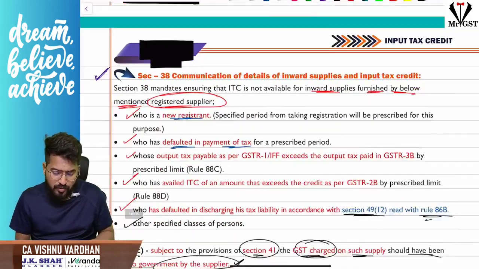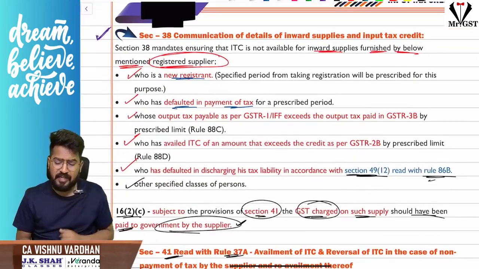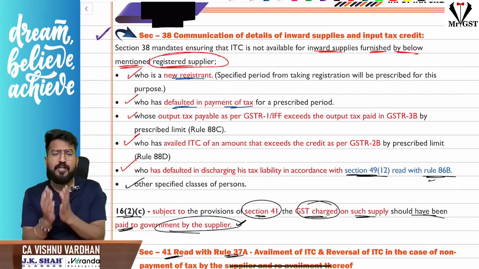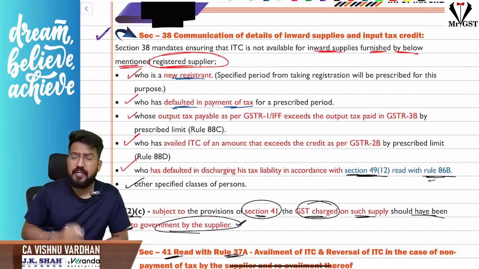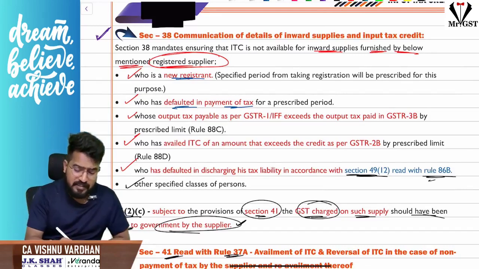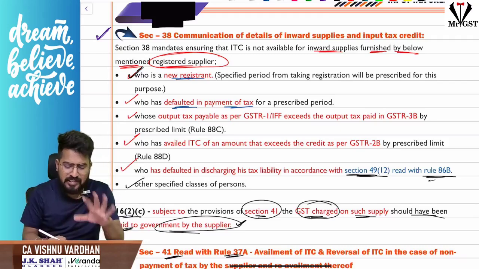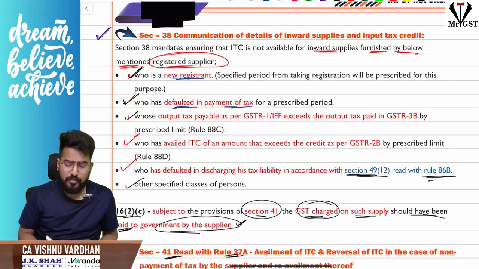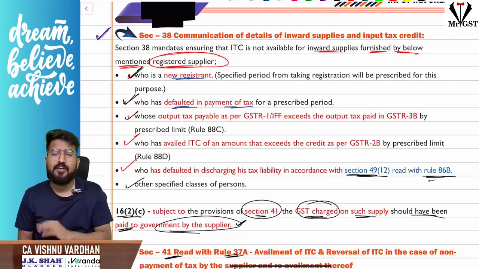Using section 38, the government has used that power, and still they have framed section 38. They have not yet fully utilized that power, where they are saying that if at all you are buying something and it is reflecting in your 2B, and that purchase is from a person who is a new registrant or who has defaulted in paying taxes, whose output tax as per GSTR1 and 3B are mismatching.